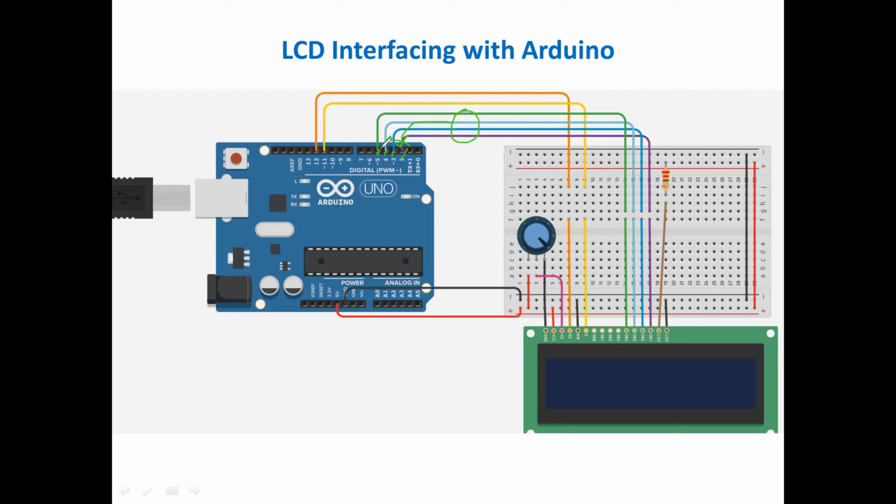We are going to use these 4 pins, and for interfacing with the control lines, we are going to use 2 lines: one is for RS, the register select pin, and another one is for the enable pin. These 2 pins we are going to use.